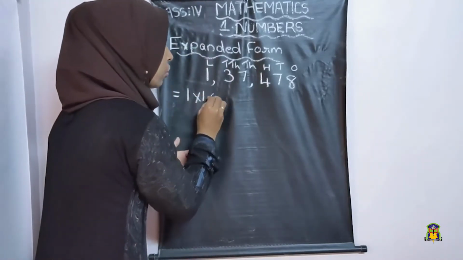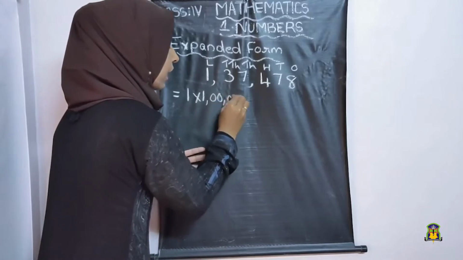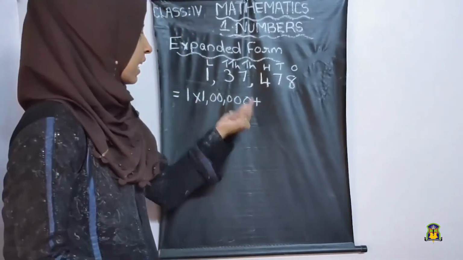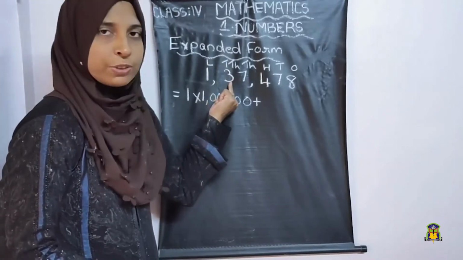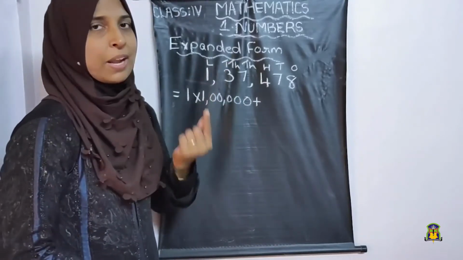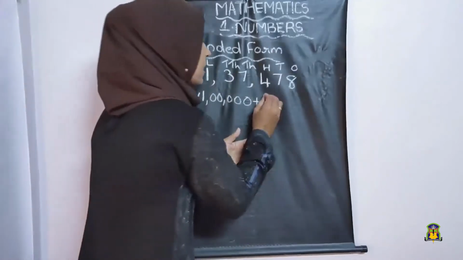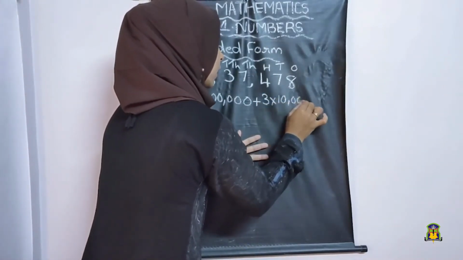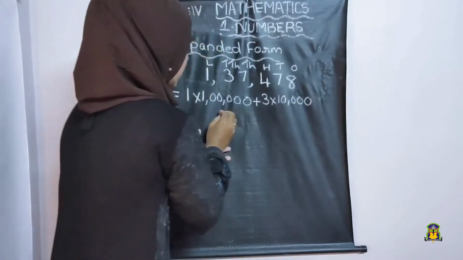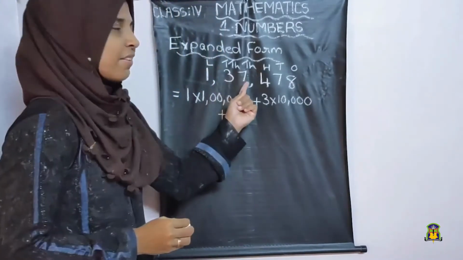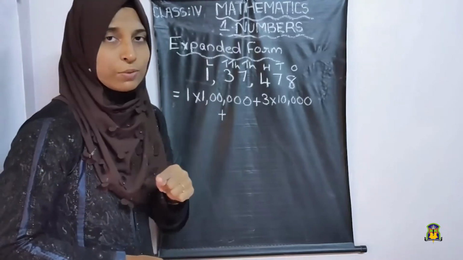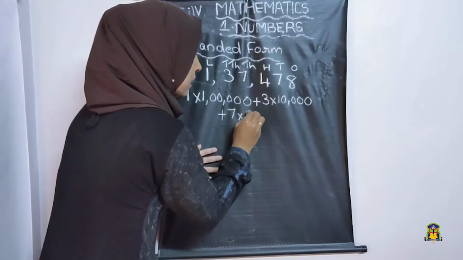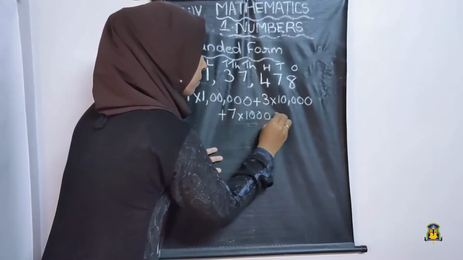So 1 into 1 lakh, plus place value of 3. 3 is in 10,000 place, so place value of 3 is 3 into 10,000, plus. Here 7 is in 1,000 place, so place value of 7 is 7 into 1,000, plus.